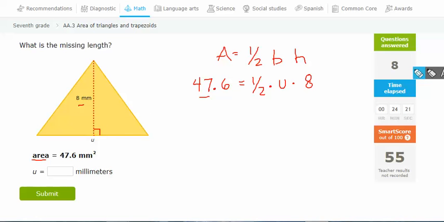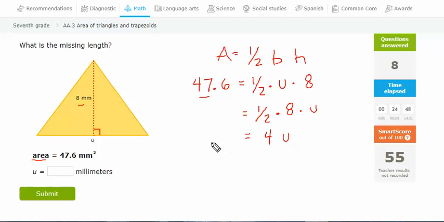So half times 8. Now, just for looks, you can switch the 8 and u, so maybe it makes a little bit more sense. So half times 8, that's half of 8, which is 4.